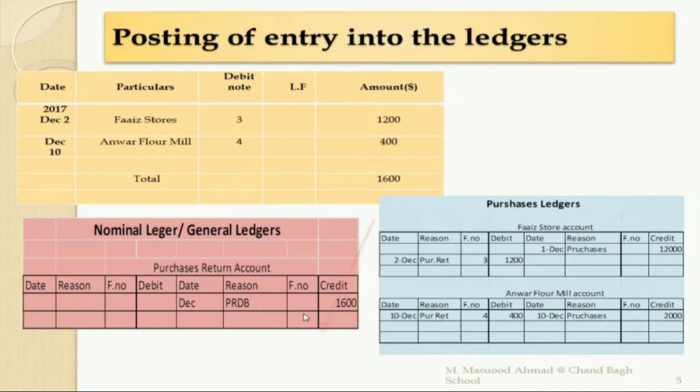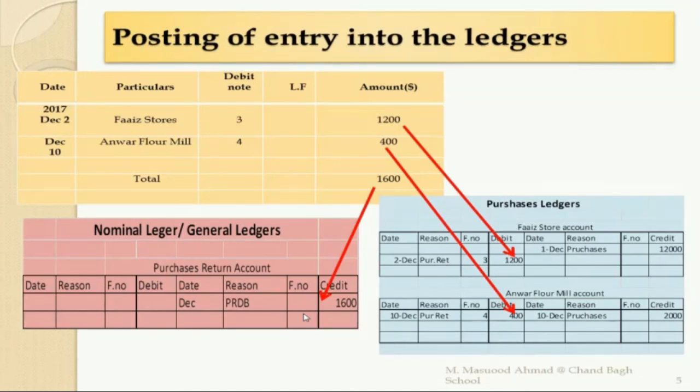The total of 1600 will be posted on the credit side of the Purchase Return account, whereas the individual entries, the 1200, will go to the debit side of the 5 Store account, and the amount 400 will go to the debit side of your Anwar Flour Mill account.